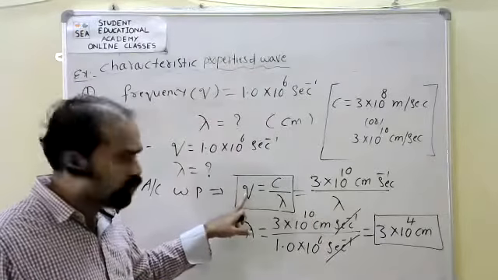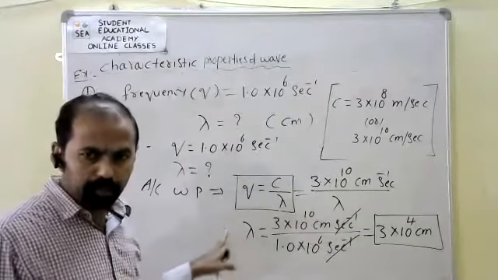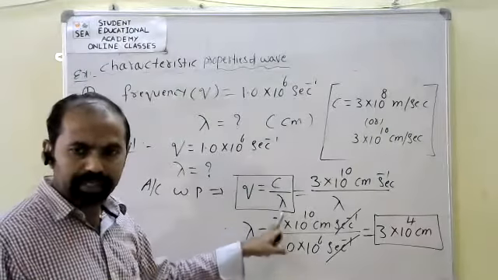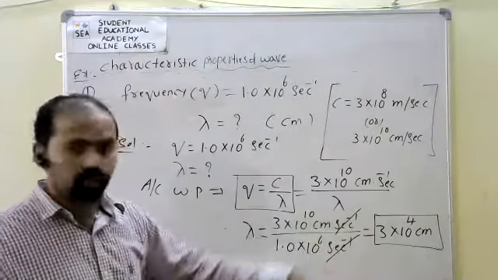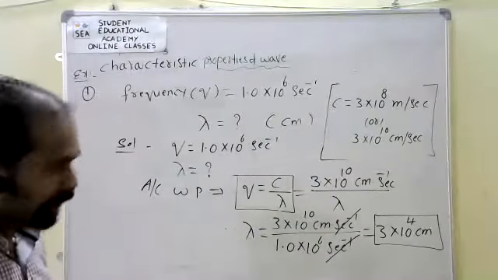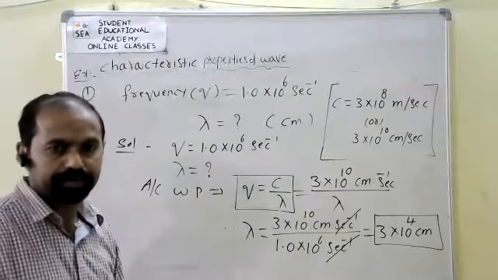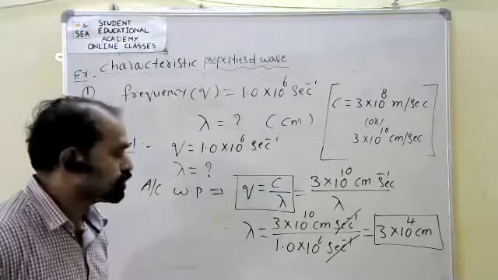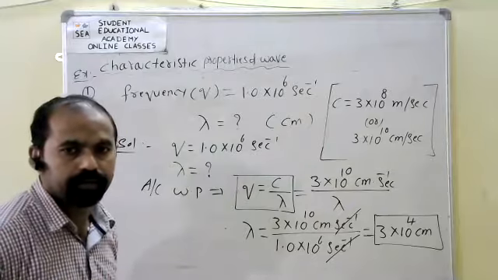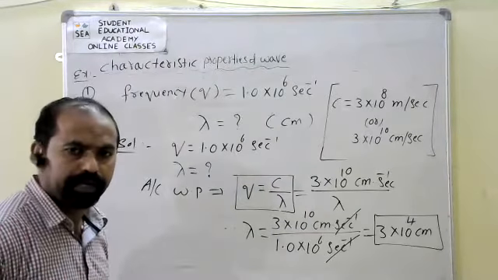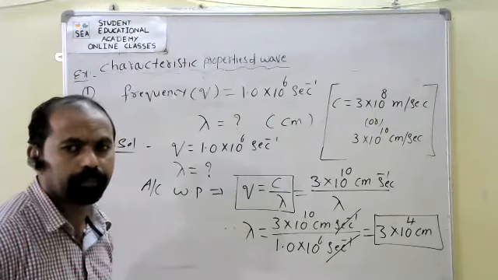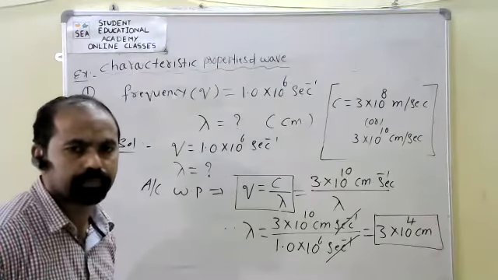They are given nu, so I have taken lambda equals to C by nu. We get 3 into 10 power 4 centimeters. Completed? Yes, sir, completed.